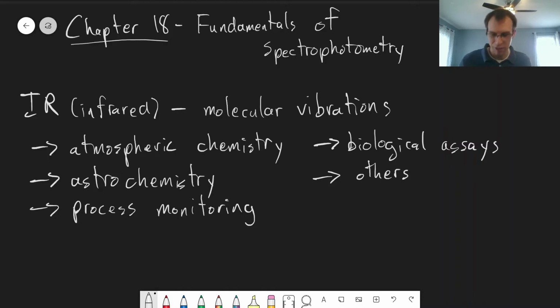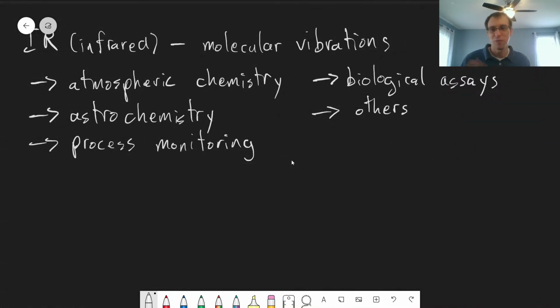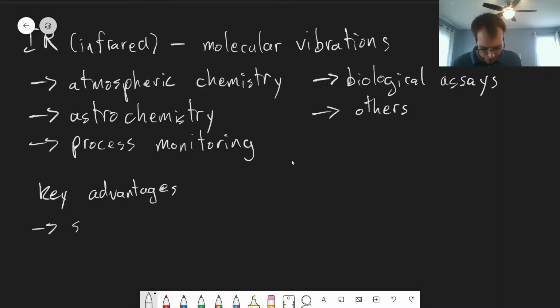As with any technique, there are always pros and cons, as we've talked about with everything else. You can't use spectrophotometry for absolutely everything. There are some things it's not going to work very well for, but there are a lot of things it does work really well for. I just want to briefly mention some of the key advantages right up front. For spectrophotometry, and we'll see this as we work through it, your sample is not consumed.